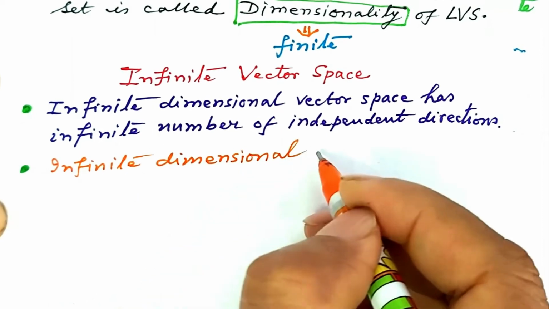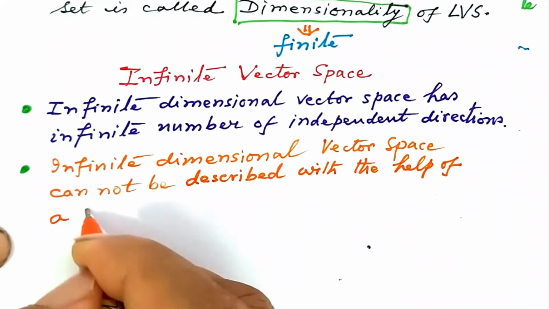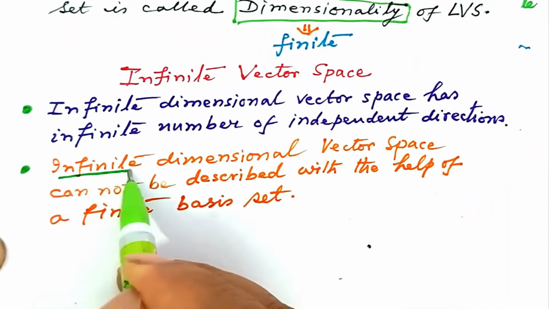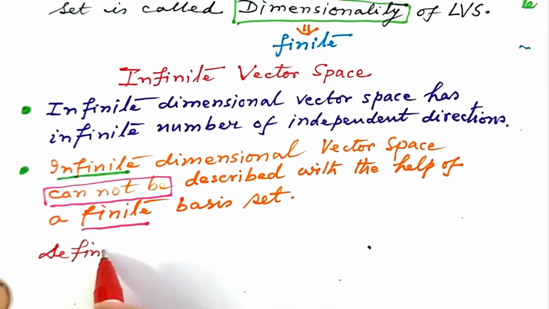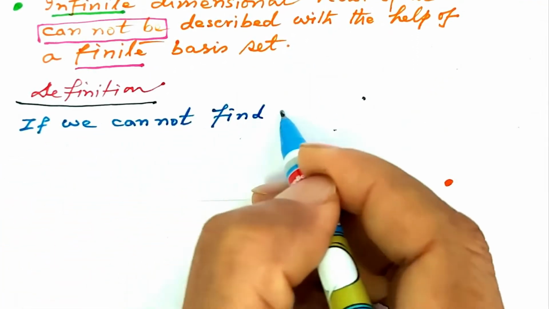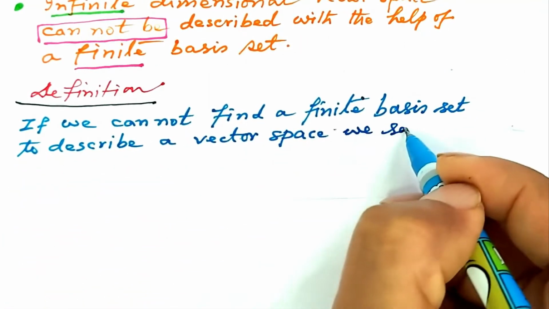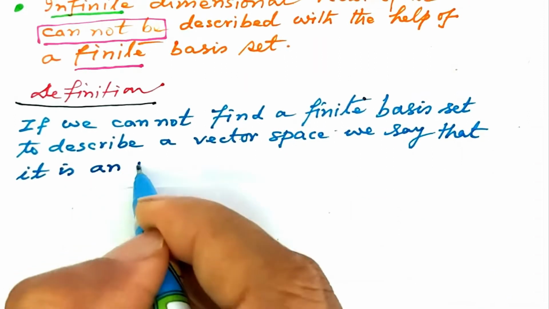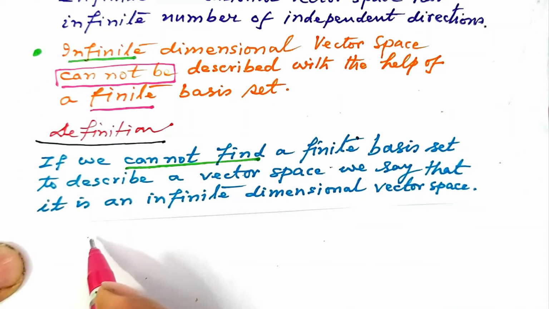Infinite dimensional linear vector space cannot be described with the help of a finite basis set, an obvious statement. So we can give the definition of infinite linear vector space. If we cannot find a finite basis set to describe a linear vector space, we say that it is an infinite dimensional vector space.